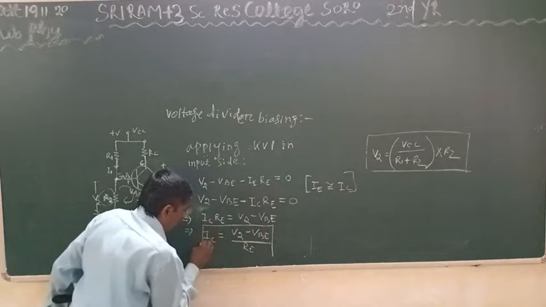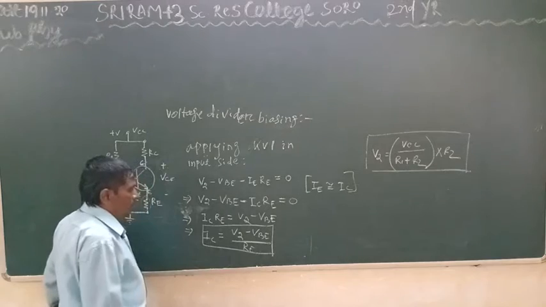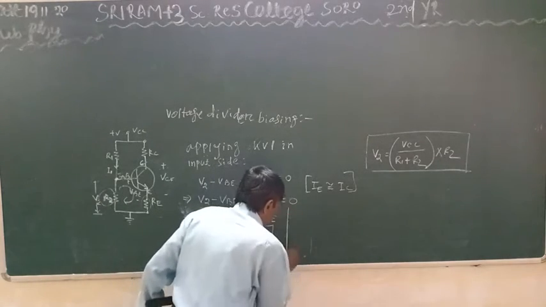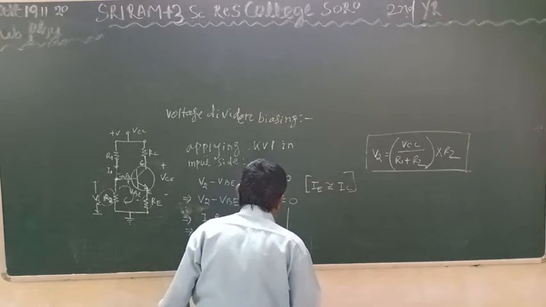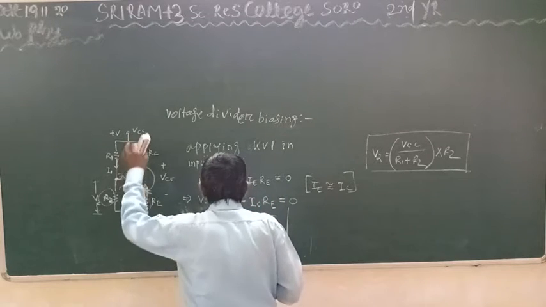Now this is the collector current passing through the load resistor, that is RC.